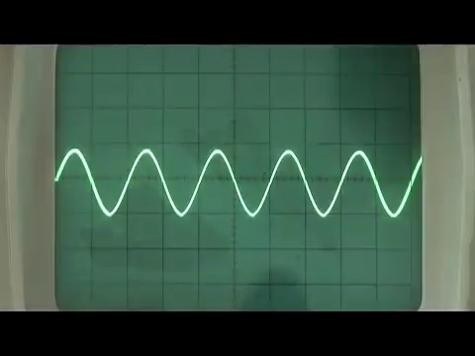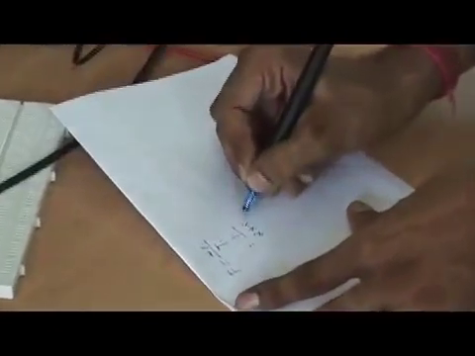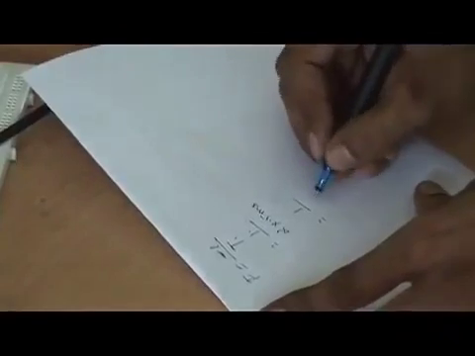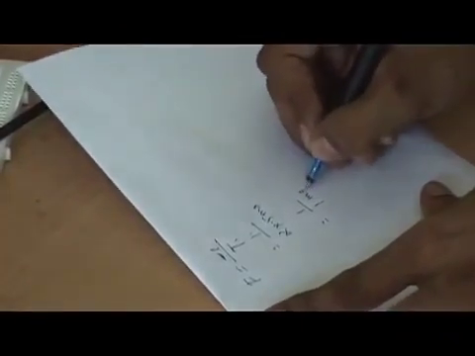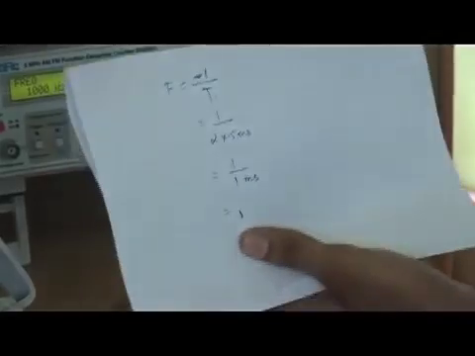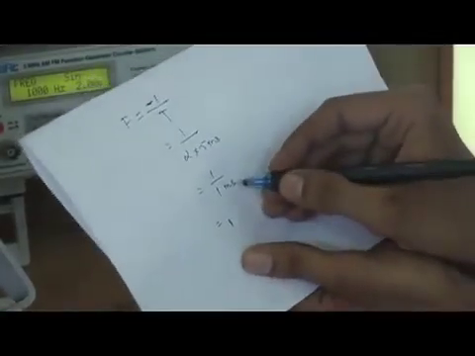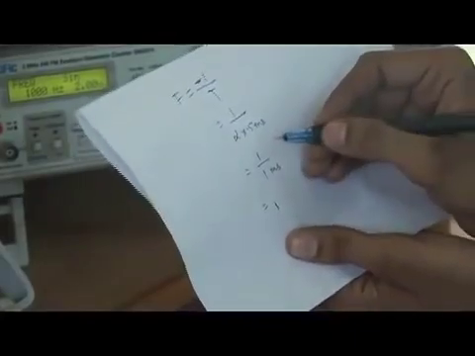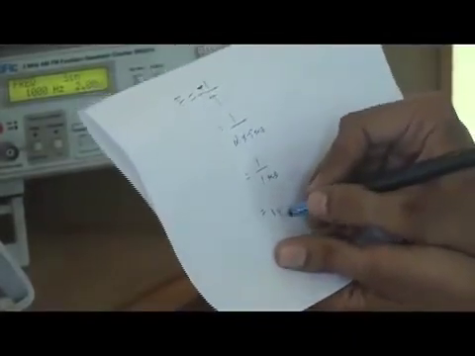So if I write it that way, 1 by 2 into 0.5 milliseconds is equal to 1 by 1 millisecond. If this millisecond goes up, from 10 to the power minus 3 it becomes 10 to the power 3. So 1 into 10 to the power 3.